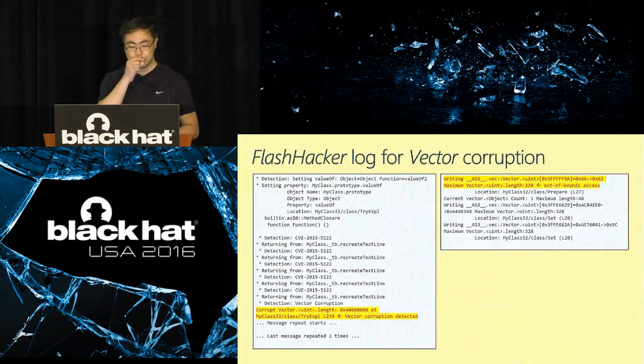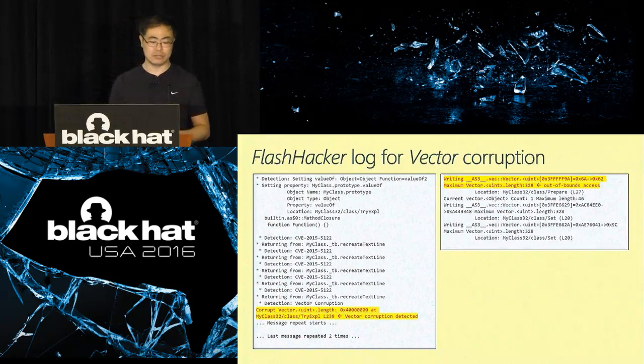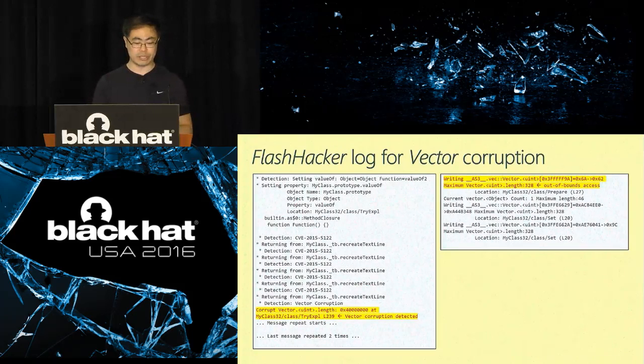And if you use an instrumentation technique, then you can see how this vector length corruption is happening. Because you can just instrument a vector object, right? So if you instrument those, and you check the length whenever the object is accessed, then if the length becomes more than what was designated when initialized in the first place, then you know that the vector is corrupted.